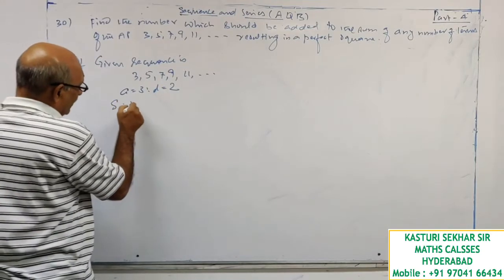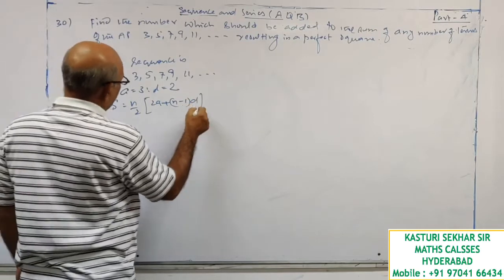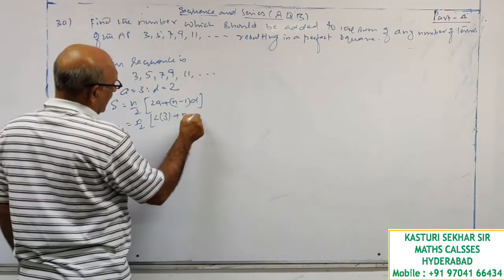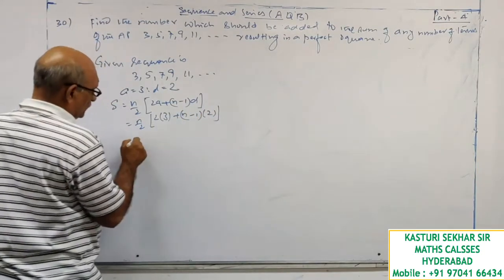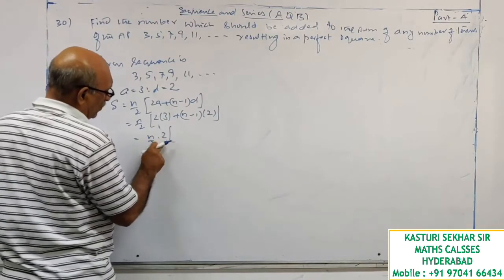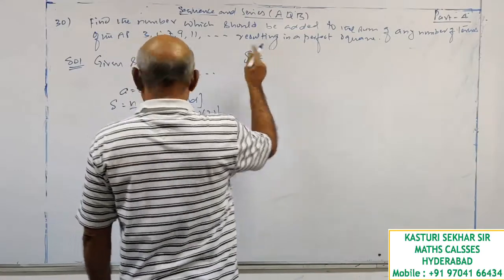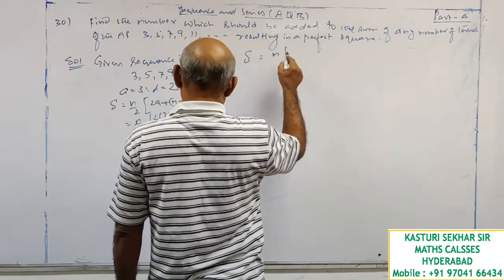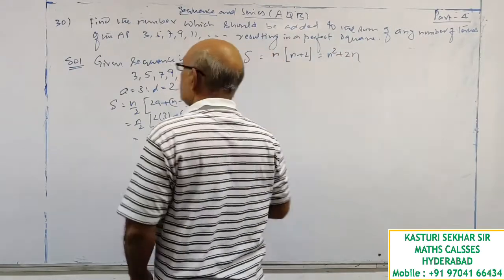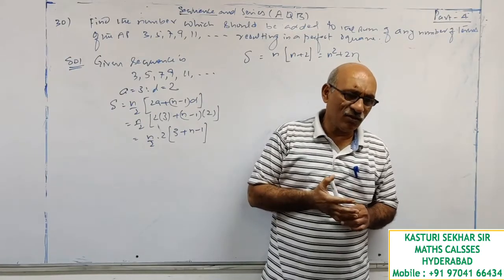Let me calculate the sum. n/2 into [2a + (n-1)d], that is n/2 into [2 into 3 + (n-1) into 2]. I can take 2 as common. So S is equal to n into (n+2), n square plus 2n. Now, what is again given in the question?